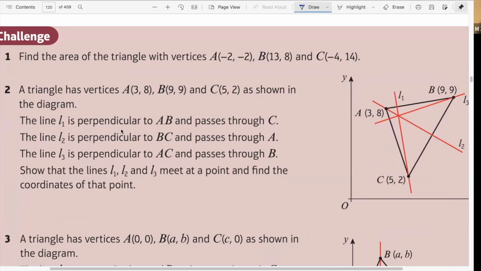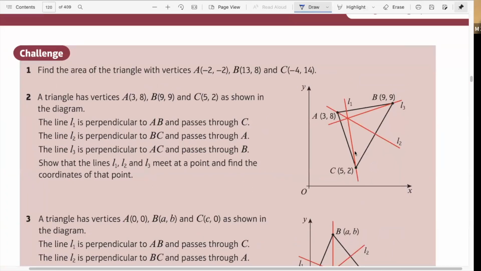The line L1 is perpendicular to AB and passes through C. L2 is perpendicular to BC and passes through A. L3 is perpendicular to AC and passes through B. Show that the lines L1, L2 and L3 meet at a point and find the coordinates of the point.